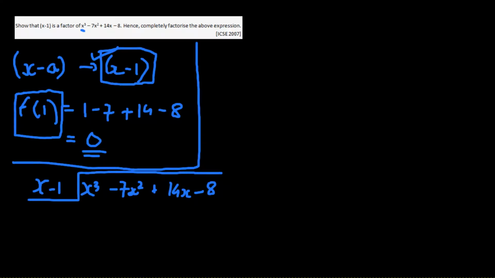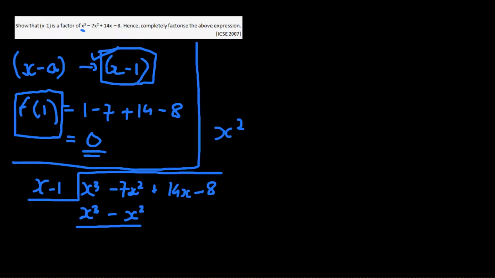Now what you need to see first is what you need to multiply with x to get x cubed. So we know that's x squared. So we have x cubed here. And at the same time, we multiply the minus 1 also by x squared. So this becomes minus x squared here. Then same like your normal division, you just put minus over here.